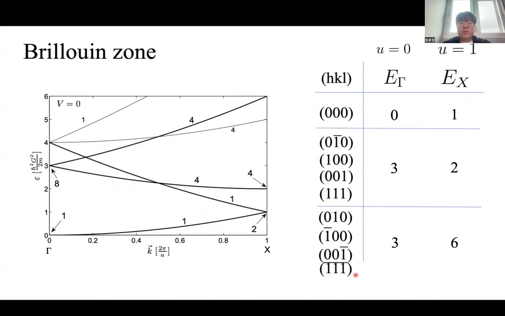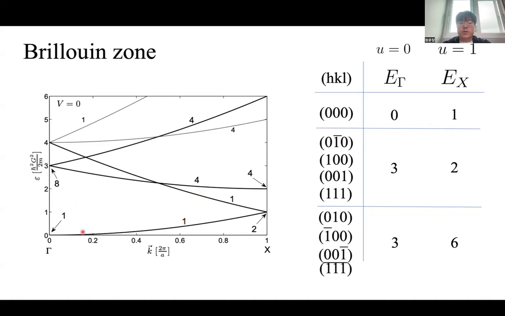But what's important here is that because of this fact that I'm folding back different reciprocal lattice vectors into the Brillouin zone, it turns out that I have degeneracies. In other words, I have bands that have the exact same energy here. So these numbers here denote the number of bands that have the same energy.